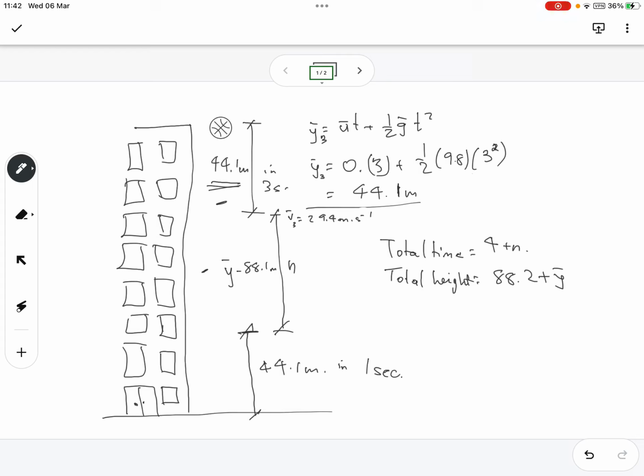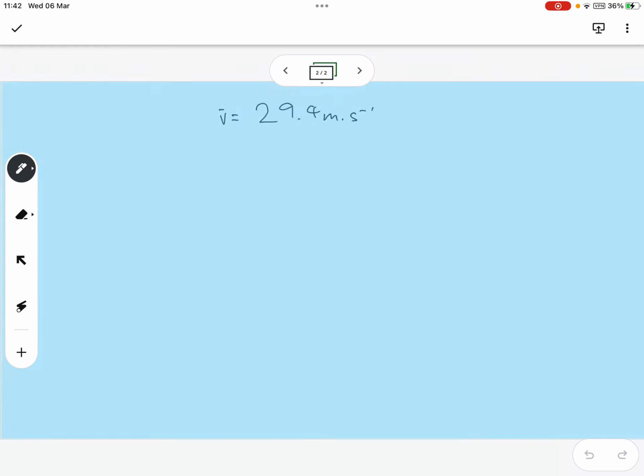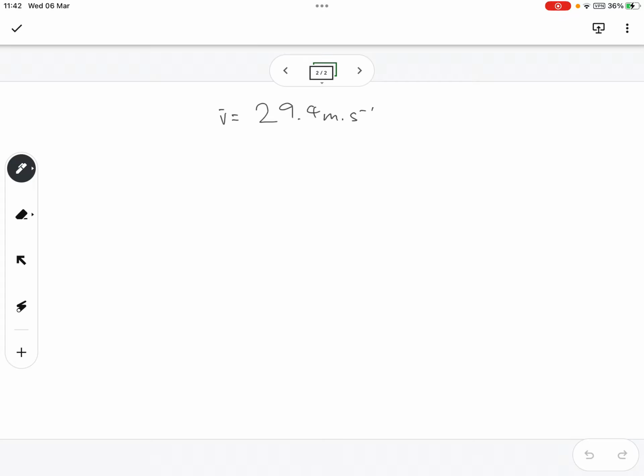Let's just try that and see. So if we have that and we have this, maybe we could find the time. So let's say we have delta y at that point x. It would be initial velocity times time plus a half times acceleration due to gravity times t squared.